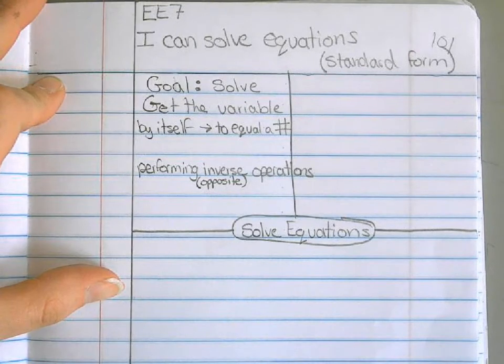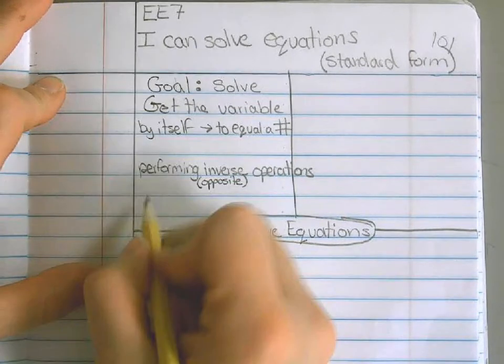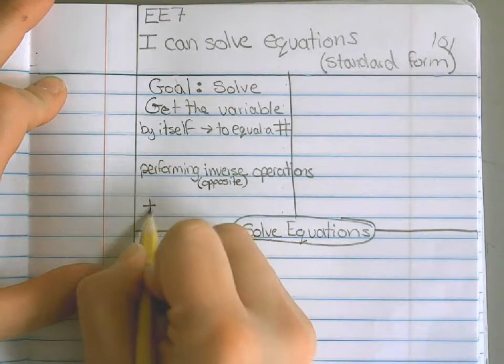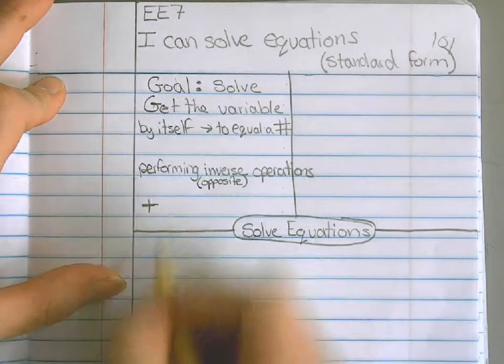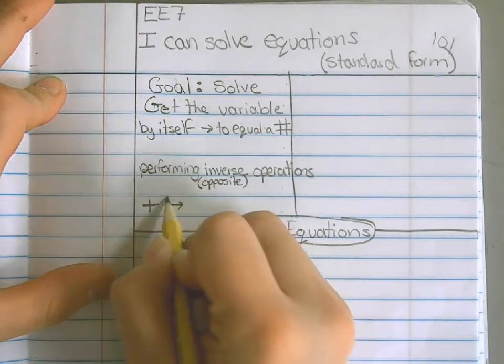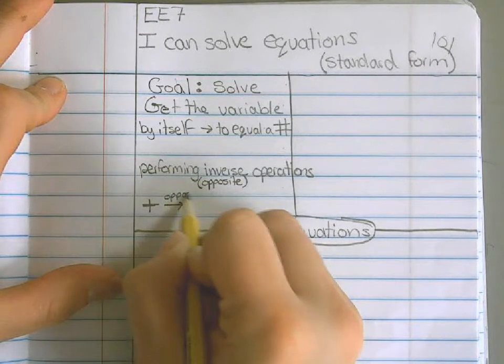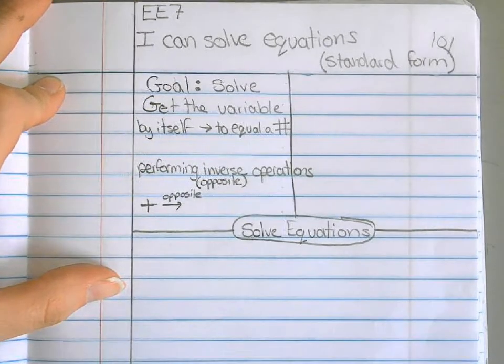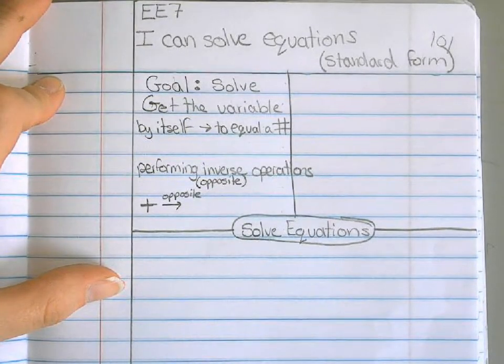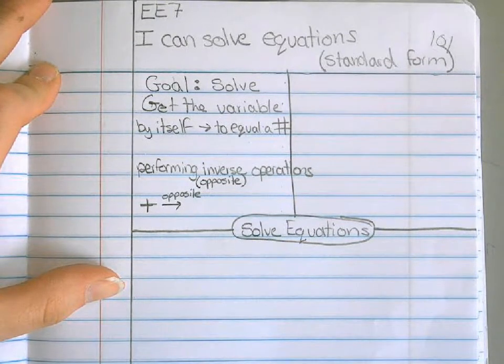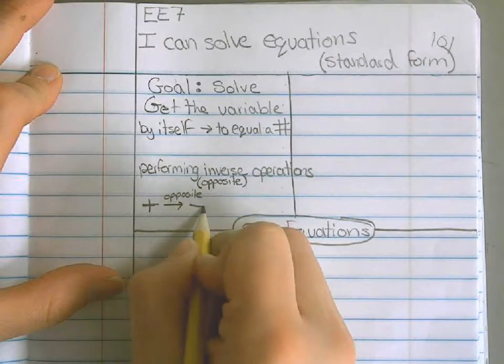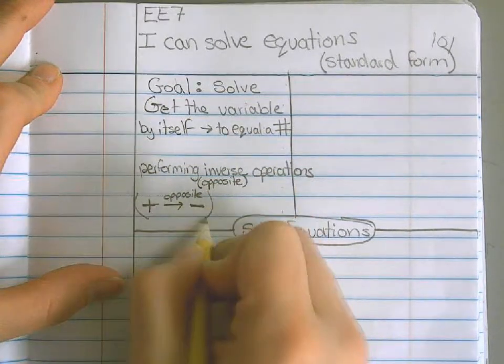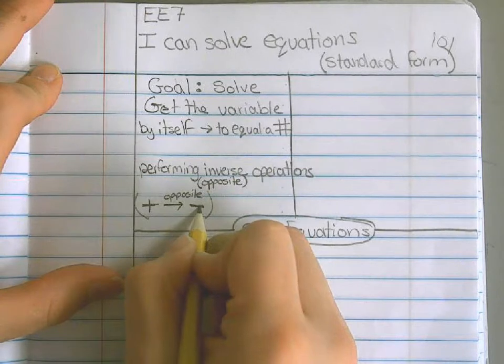Opposite. So if we were talking about inverse operations and we were talking about addition, what would the opposite of that be? What is the opposite of addition? Jordan? Yeah. So we have the opposite of addition is subtraction.